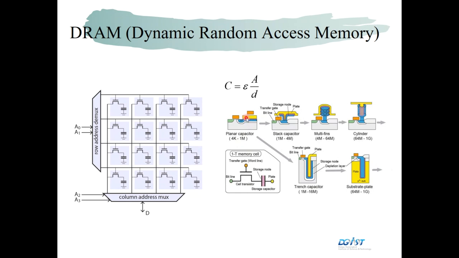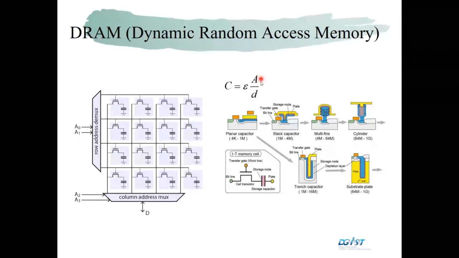But if you make it smaller and smaller, then this A is getting smaller and smaller. Then the capacitance, which means how much charge you can store, is getting smaller. So you should keep this capacitance to maintain the charge. But in order to make a small capacitor, you should decrease this A. So there's some limitation.